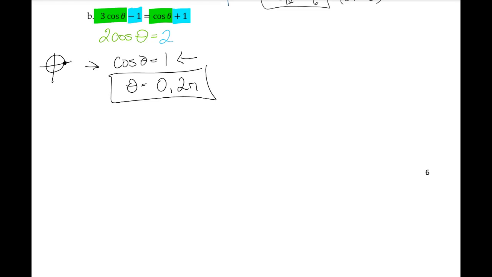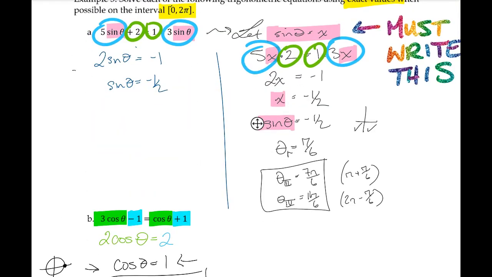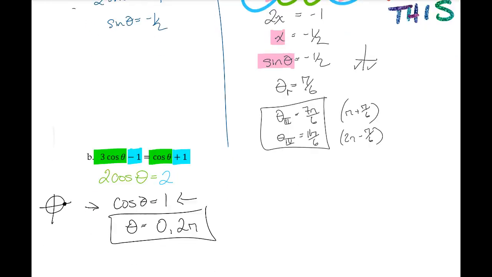Again, I can list them both as options because of these square brackets on our domain in the question. Both are included. If, for example, we had a rounded bracket here, then I would not include the 2 pi as a possible solution. But as it stands, it is included. There's a square bracket, so I can.